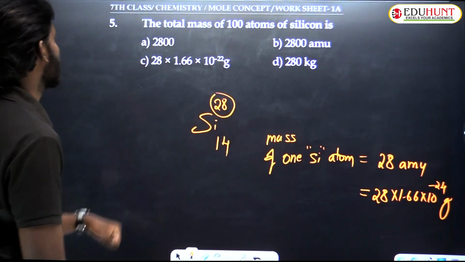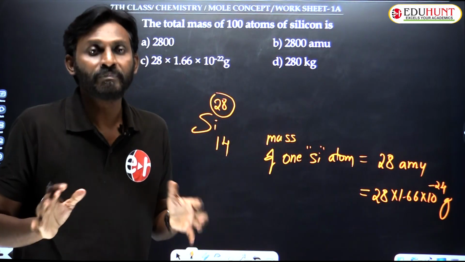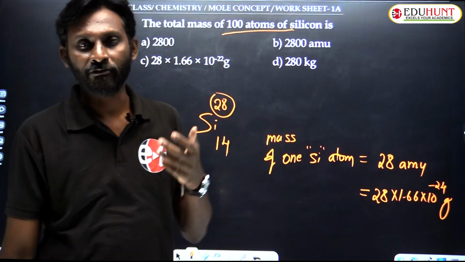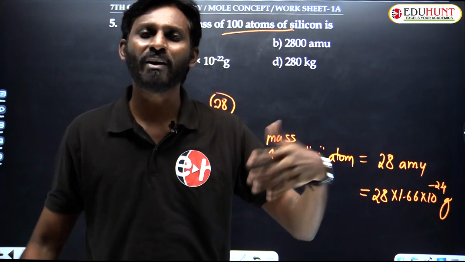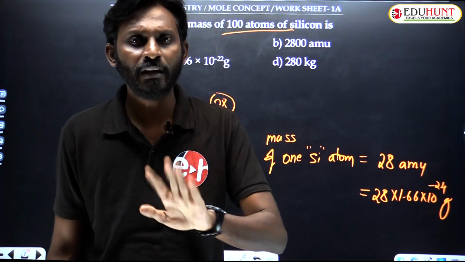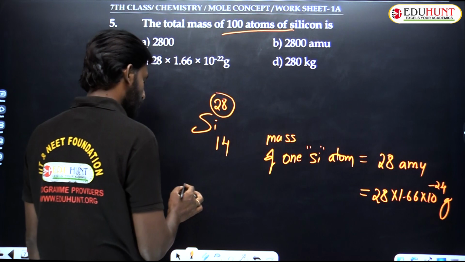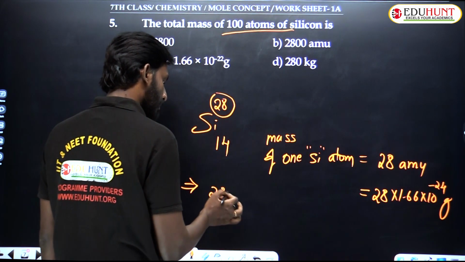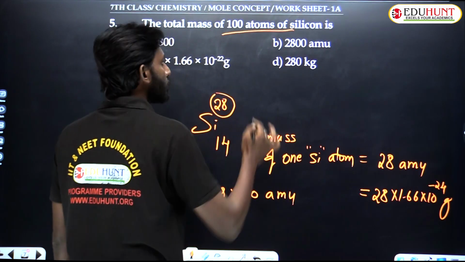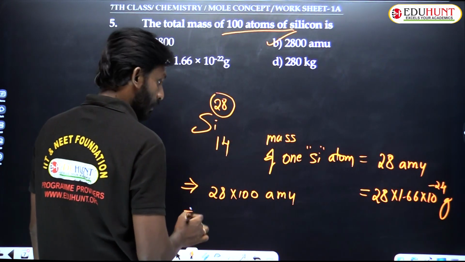But in the question, we've been asked to find out the total mass of 100 atoms. See, if you know the mass of one atom, then what is the mass of 100 atoms? Mass of one atom into 100. That's it. So, mass in AMU, 28 into 100 AMU. So, that can be our answer. Or take it in grams.